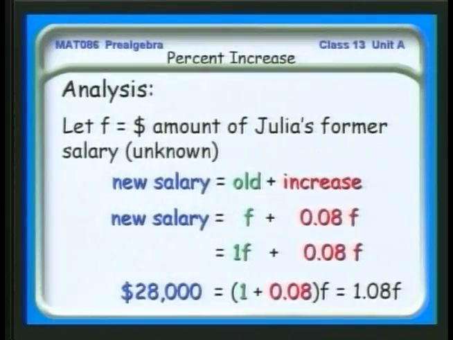I can go the opposite way using the distributive rule and do this. Her new salary of $28,000 is the quantity 1 coming from that original quantity in green plus the 0.08, which comes from the increase, times F, or $28,000 is equal to 1.08 times whatever the original salary is.